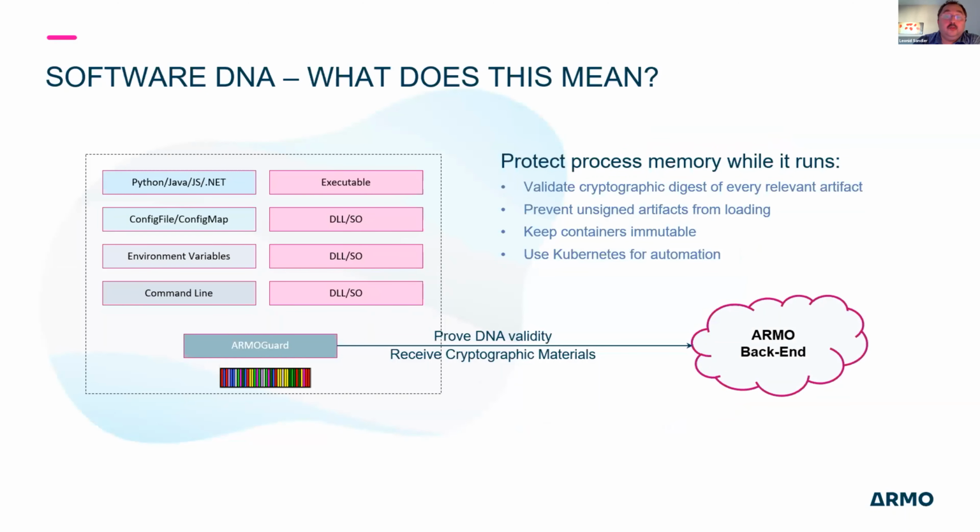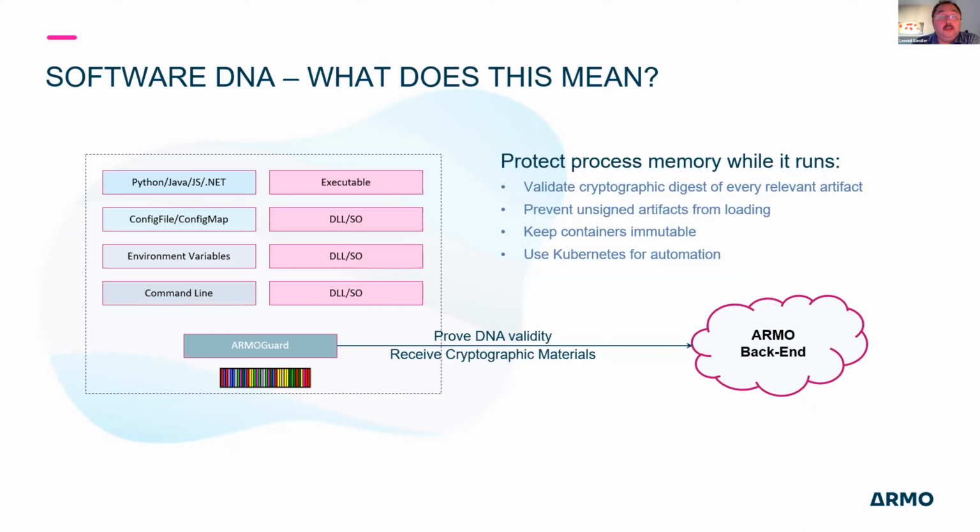Software DNA is really a unique technology that we have developed that includes multiple elements in it. Basically, it cryptographically digests executables, shared objects, Pythons or any scripts, configuration files, environment variables, command line parameters, and all other parameters that can basically influence the behavior of the application. As I said, the application is designed to do something and it should not do anything else.